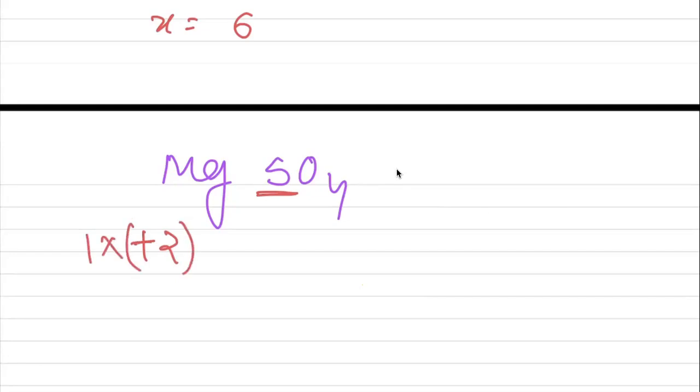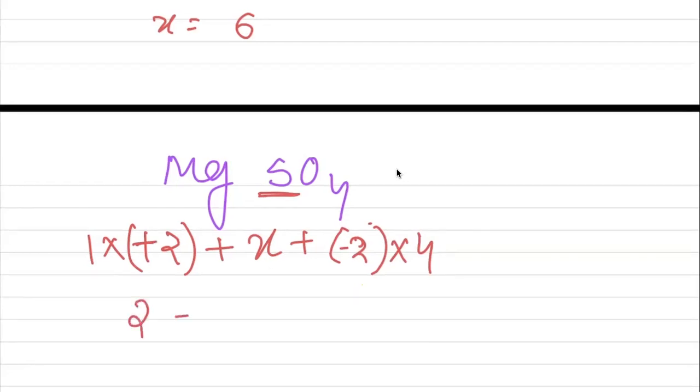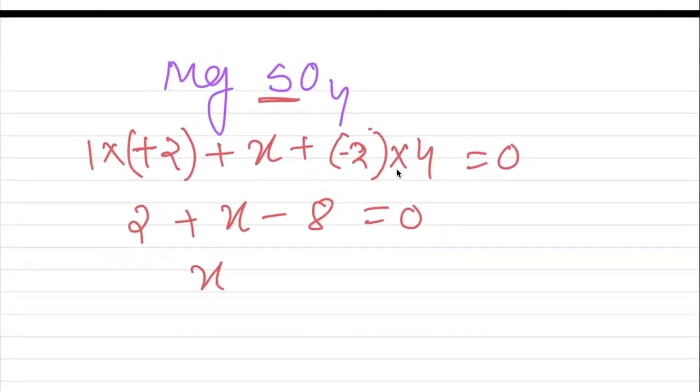One magnesium atom is there, plus X we have to calculate, plus -2 into 4, because 4 oxygen atoms are here. So 2 plus 6 minus 8 equals 0, because the total charge is 0. So x equals 6. So here also the sulfur will have the oxidation number of 6. Clear?